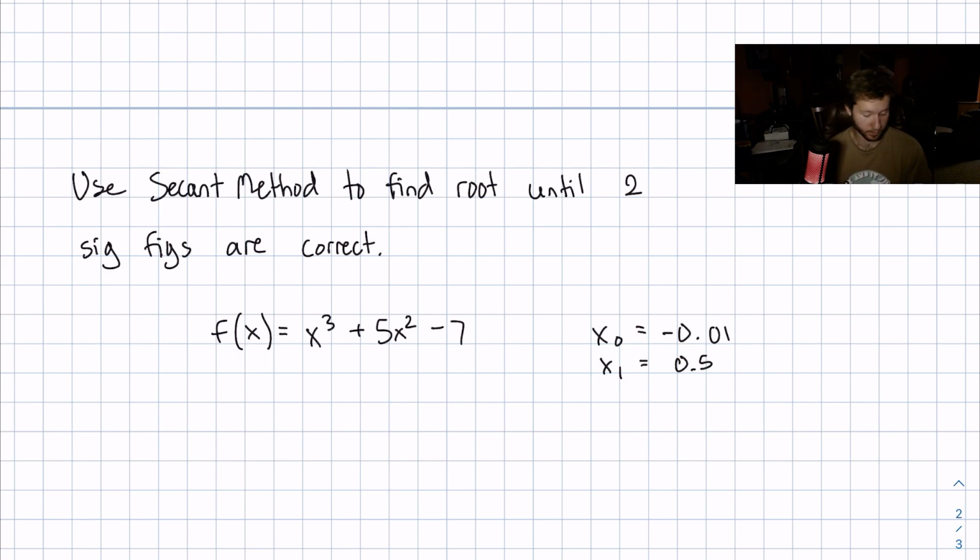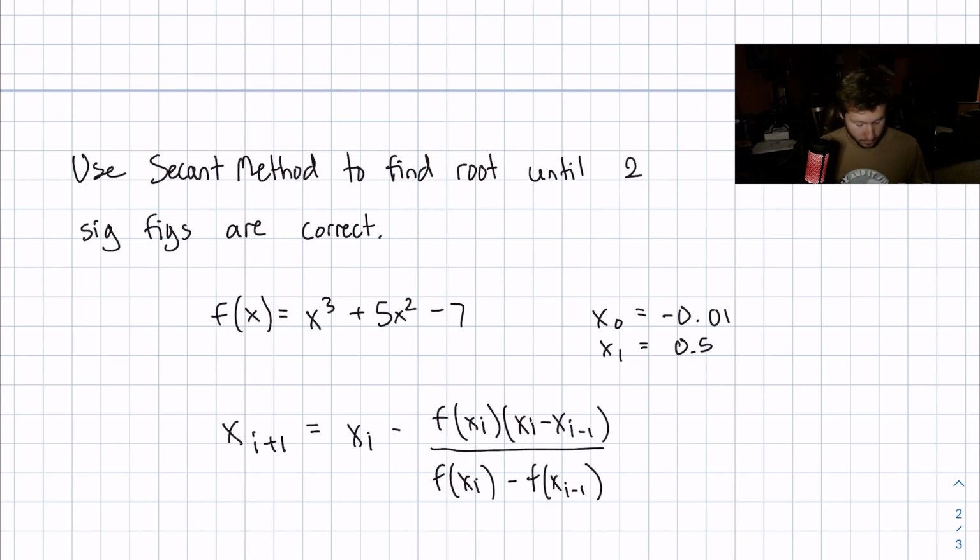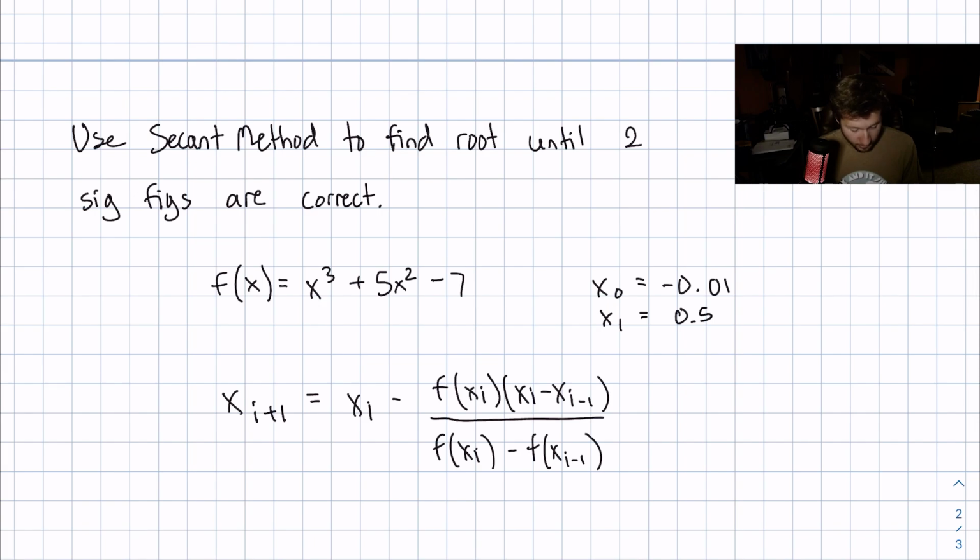So we've got our function here of x cubed plus 5x squared minus 7, and two initial values of x0 of negative 0.01 and x1 of 0.5. Secant method's pretty similar to Newton's method, so I'll write out the formula here. So there's the secant method equation. First we need to find x2 since we have our two initial values.